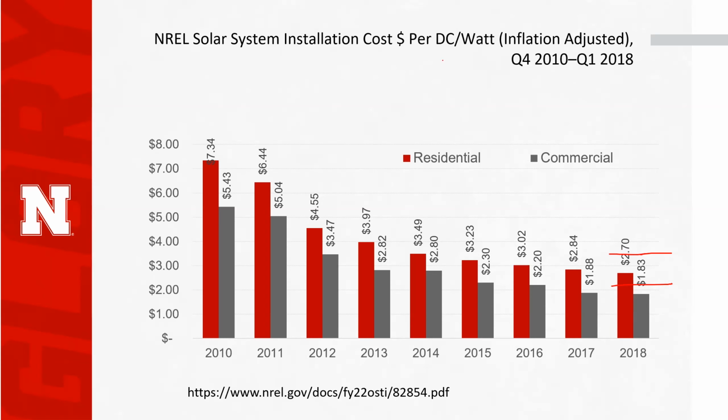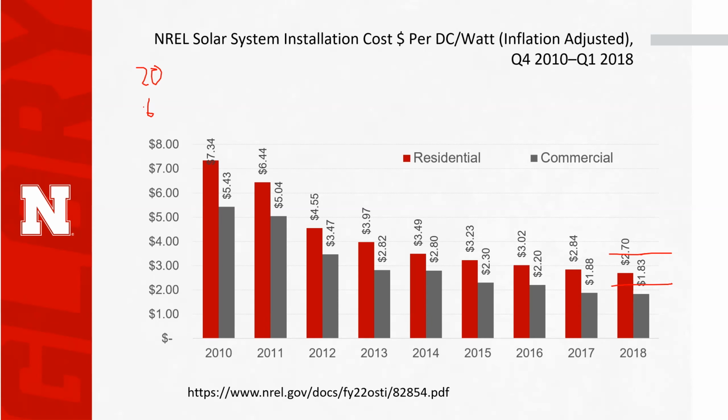Again, we take the total DC rating of the system in watts, divide the total price by the number of watts, and we get a price. So if we got a quote for, let's say, $20,000, and it was a 6 kW system, I would say $20,000 divided by 6,000, and that's $3.30 a watt.